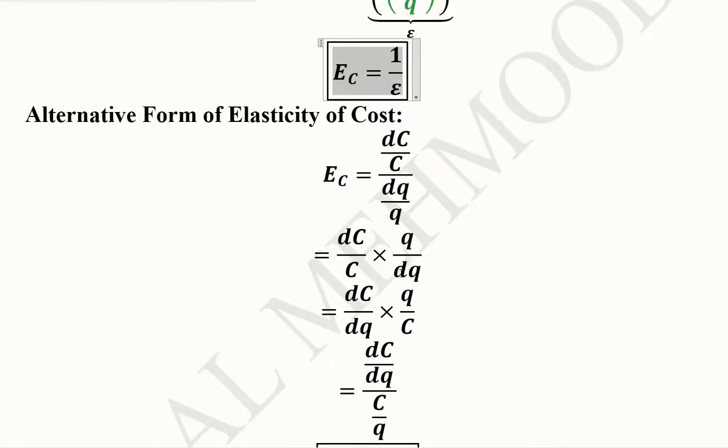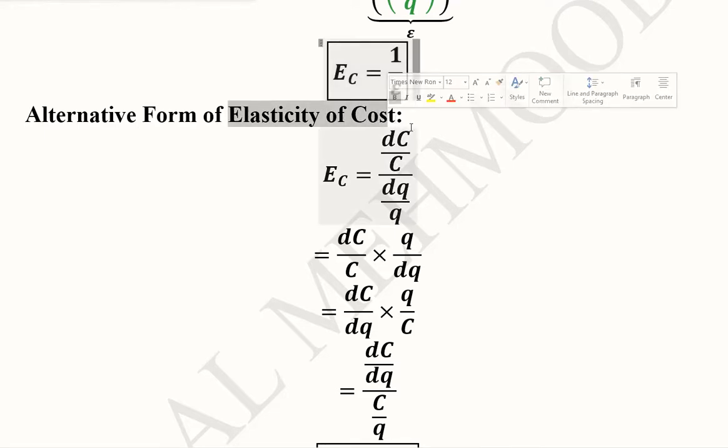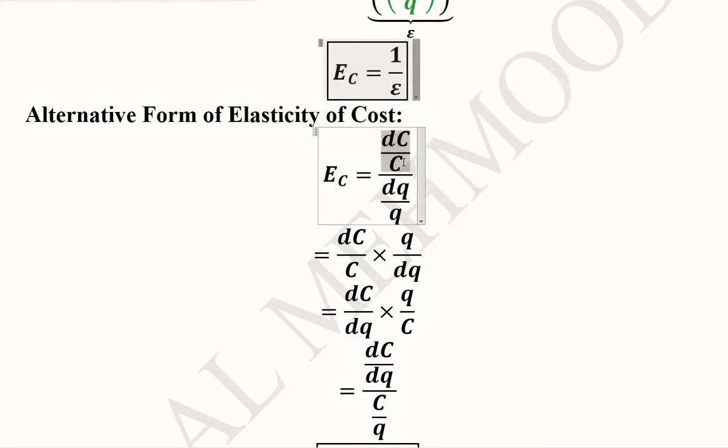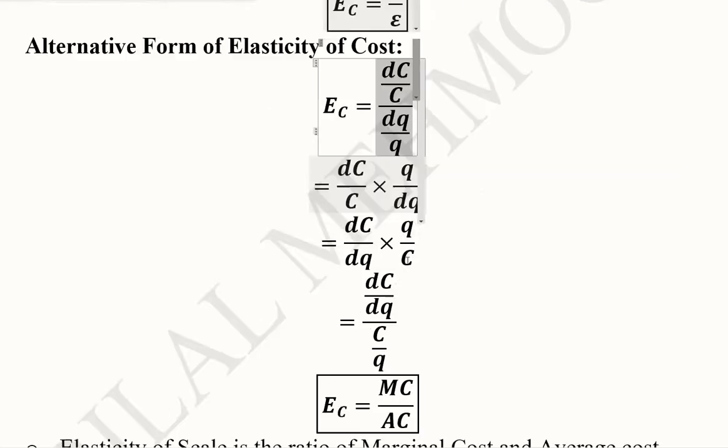There is another way of writing this elasticity of cost, and for that we just need to reciprocalize the formula that it has. This is the formula, and now we convert this division into multiplication. The denominator gets reciprocalized and appears in it, and then dc over dq and q over c.